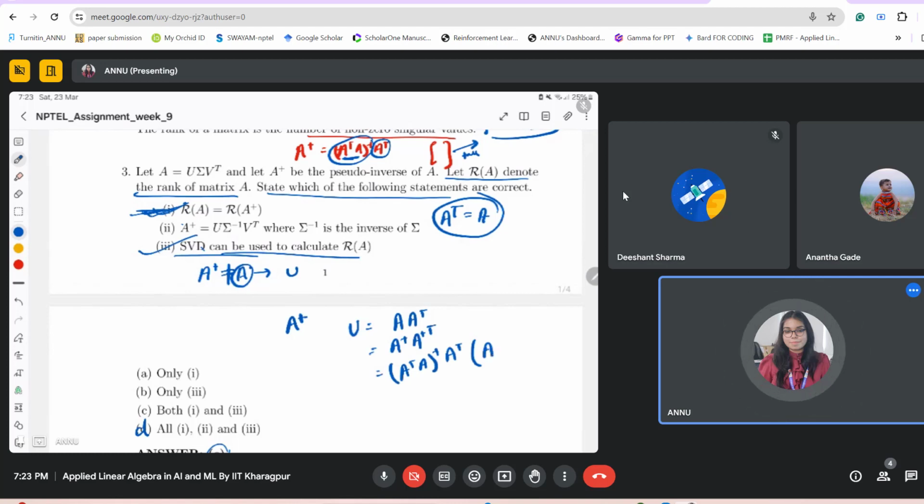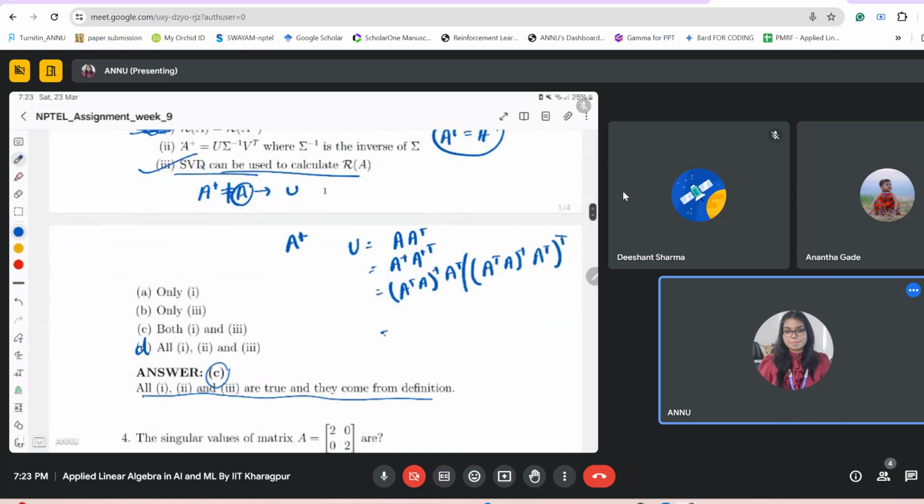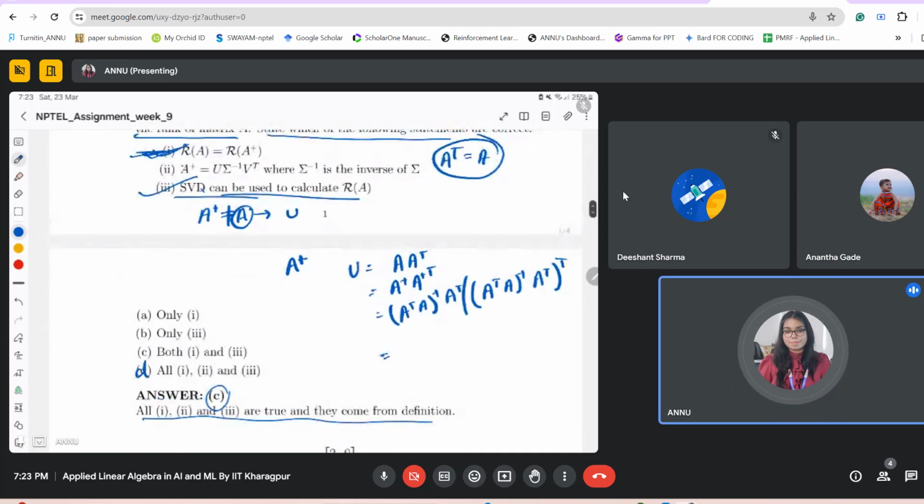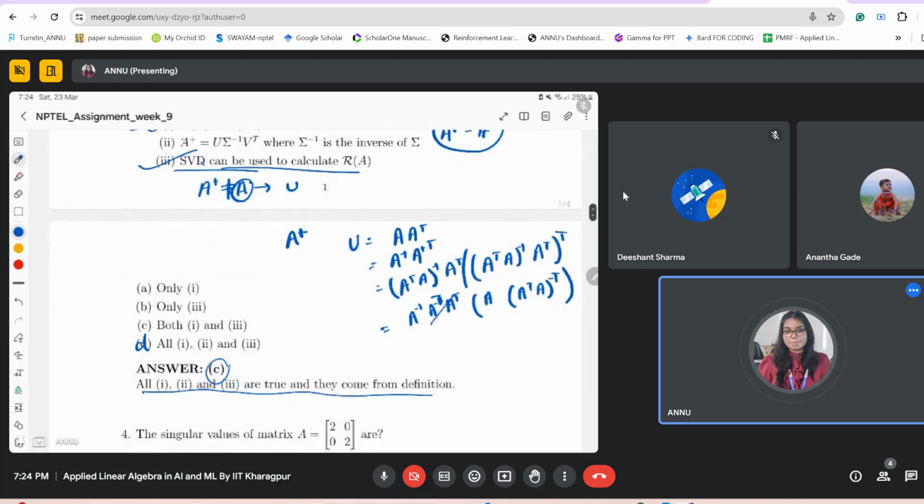This is (A transpose A) inverse, A transpose transpose. That's why at first view I was saying that it should be correct. But let's see. This is A inverse, A transpose inverse. This is A transpose. This is A. This is (A transpose A) whole transpose inverse.